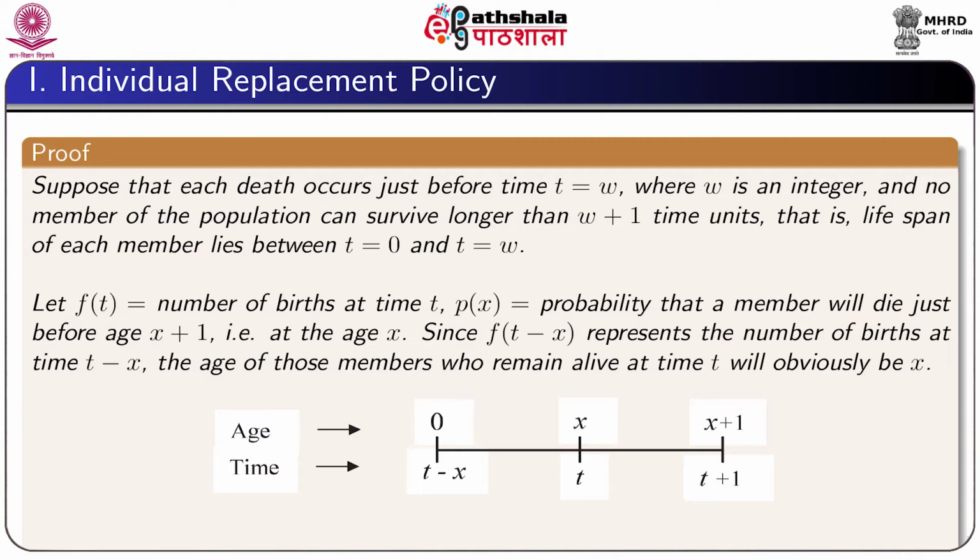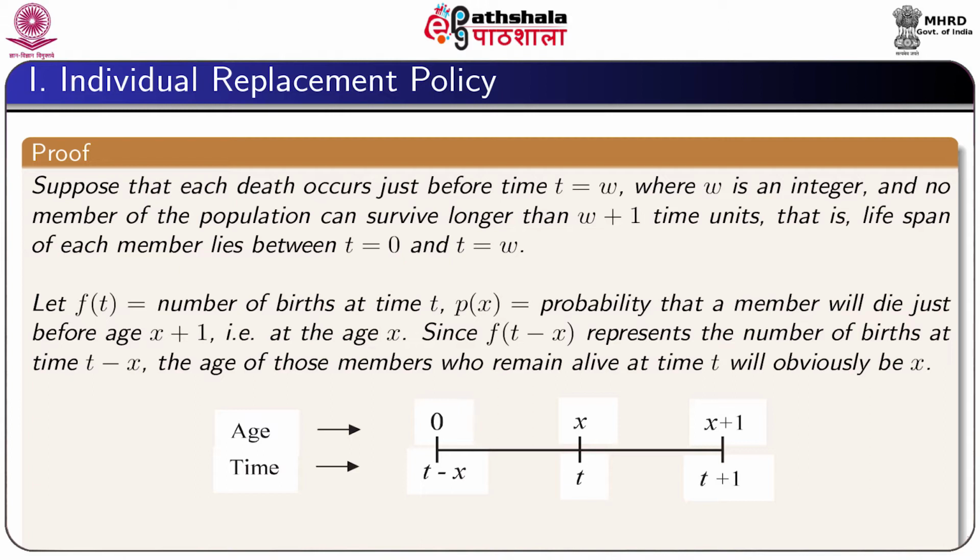To prove this theorem, suppose that each death occurs just before time t equal to w, where w is an integer, and no member of the population can survive longer than w plus 1 time units.